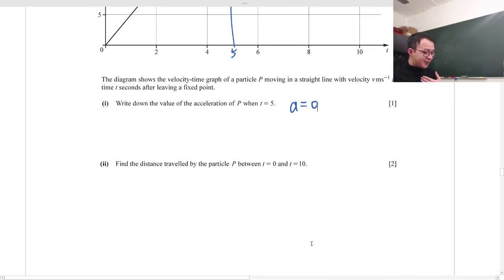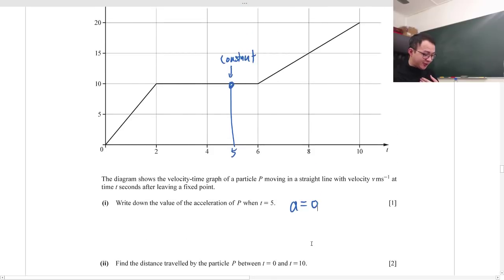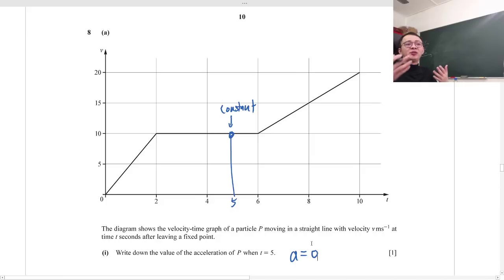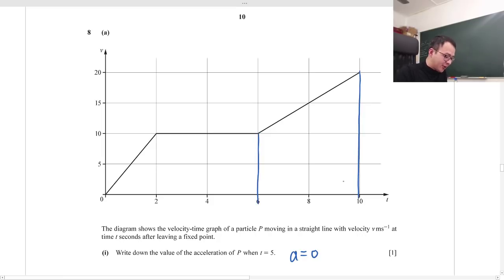Find the distance traveled by the particle from 0 to 10. For a velocity-time graph, you should know distance basically means area. So I need to find the area here. I can see I have 2 trapeziums, which seems quite easy. The first trapezium should be half of 6 plus 4, multiply 10, which is 50.